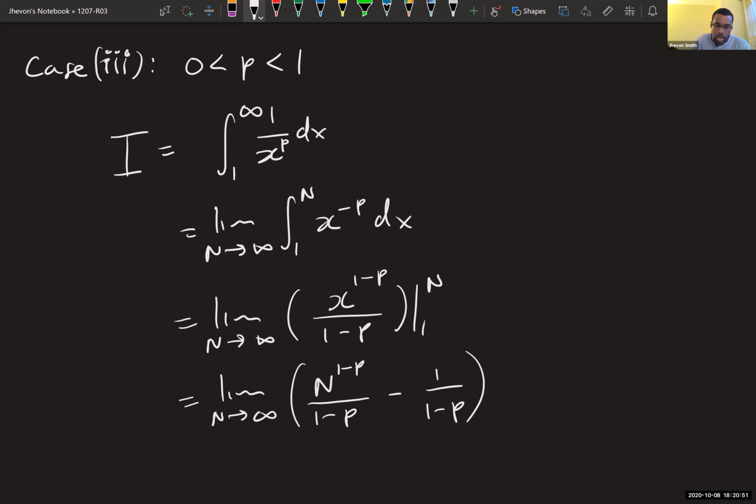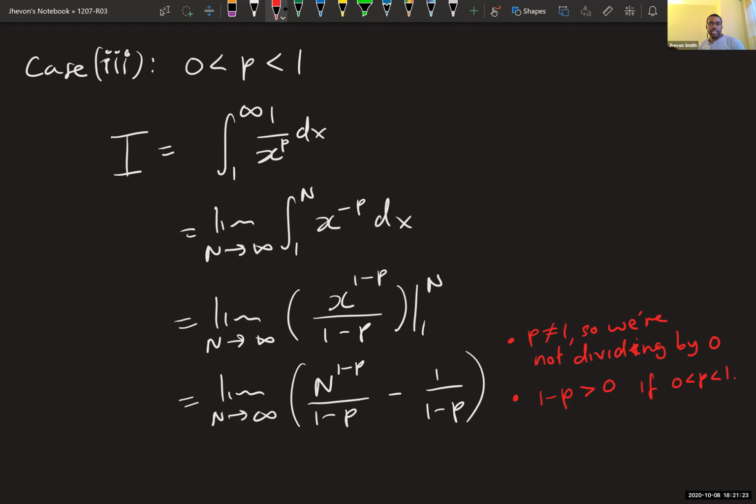Couple things here. P is not equal to 1, so we're not dividing by 0, so that's important. It's strictly between 0 and 1. So that's good to know. Another thing to notice is that 1 minus p is actually a positive number if p is between 0 and 1, right?